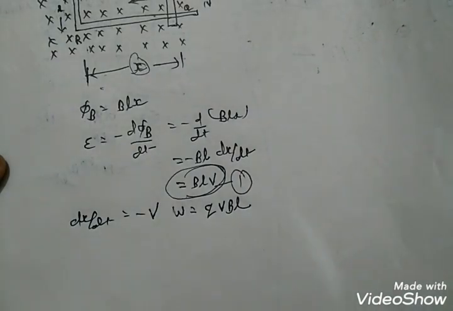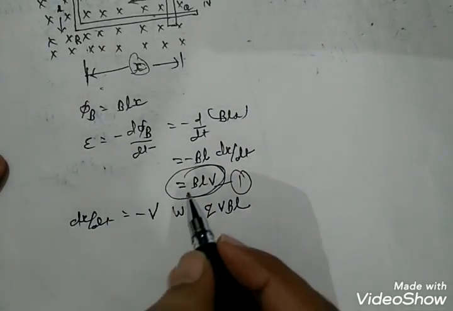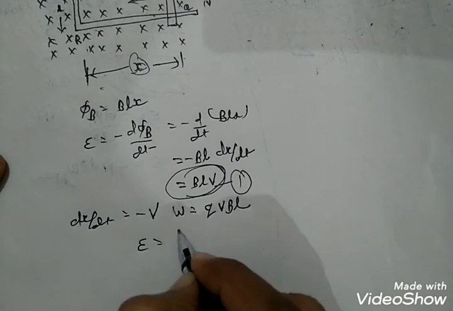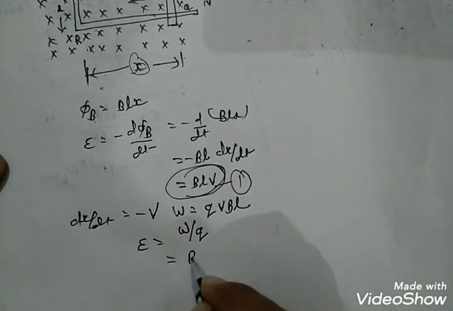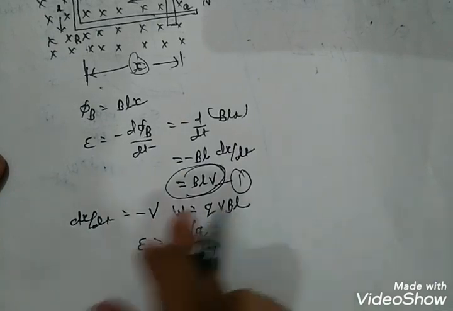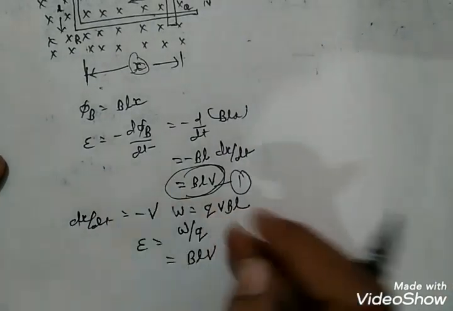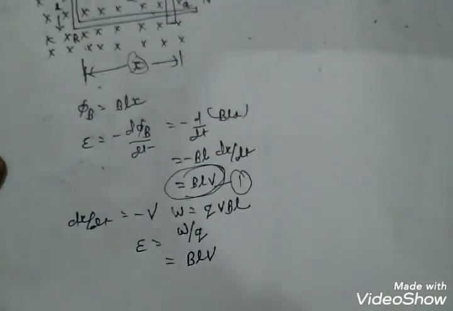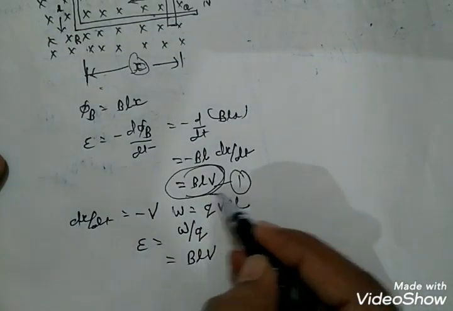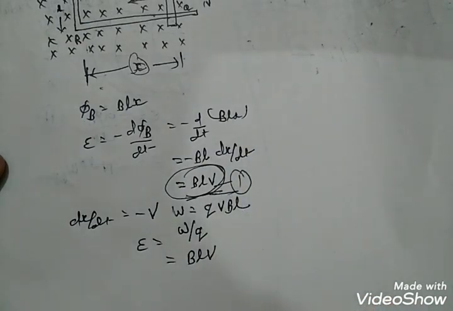Since EMF is the work done per unit charge, E is equal to W upon Q, so E is equal to BLV. This equation gives the EMF induced across the rod PQ and is identical to equation number 1, BLV.